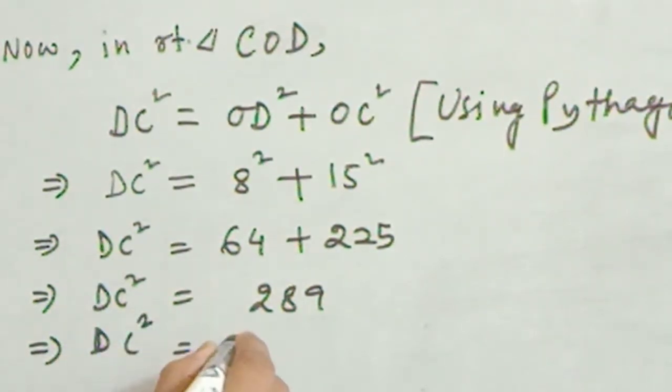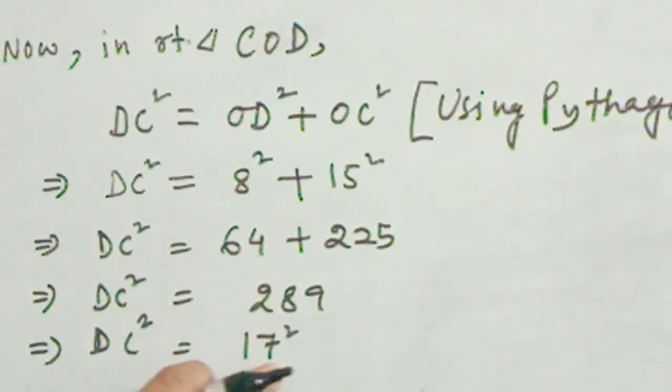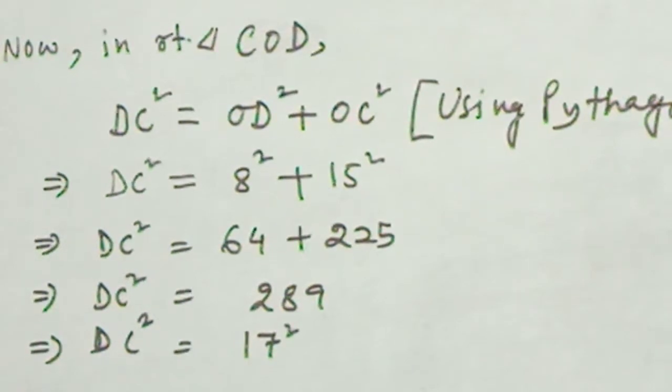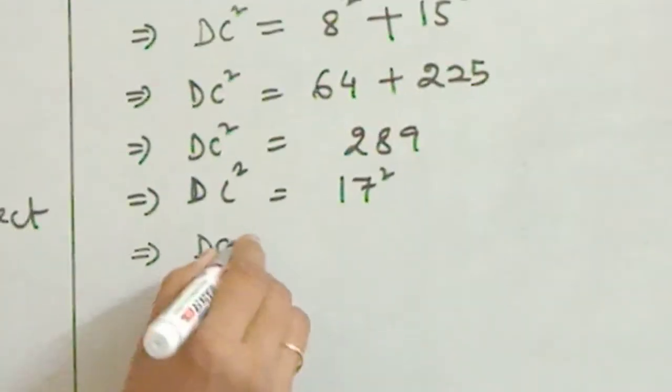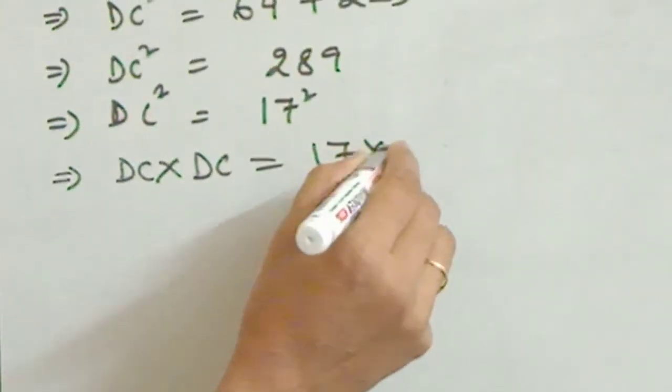DC square is equal to 17 square. If you find out the prime factors of 289, you can get 17 into 17, 289. Therefore, you can write that DC into DC equal to 17 into 17.